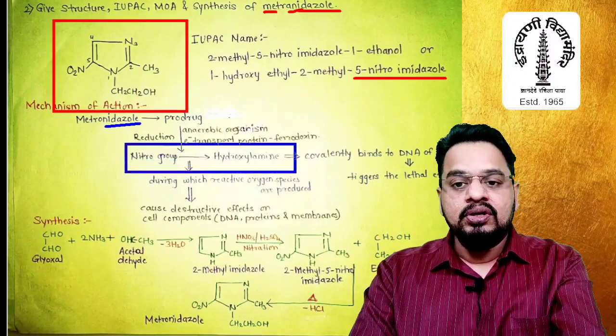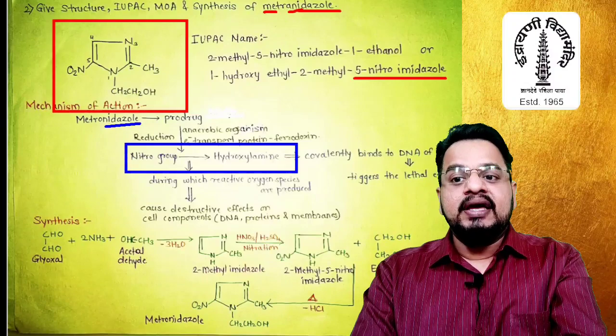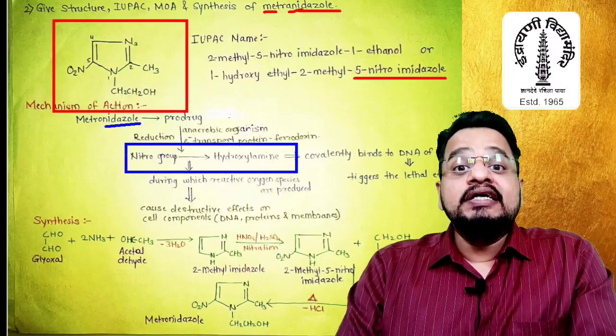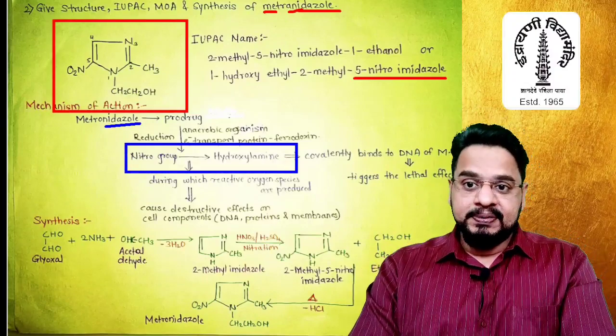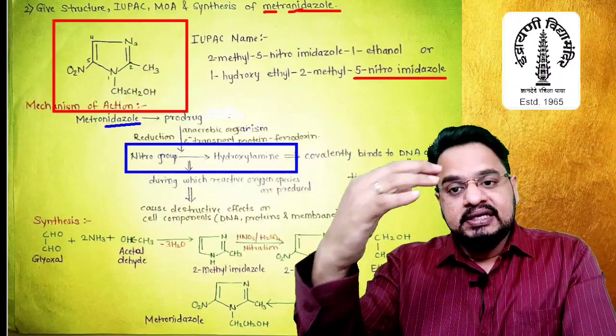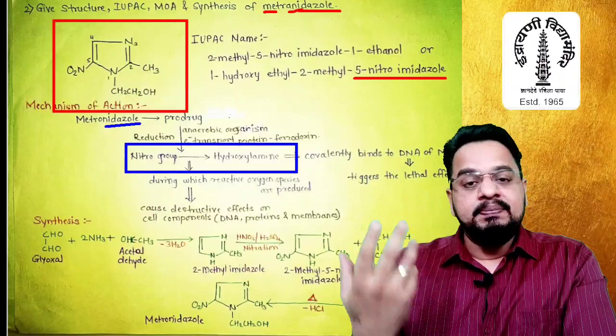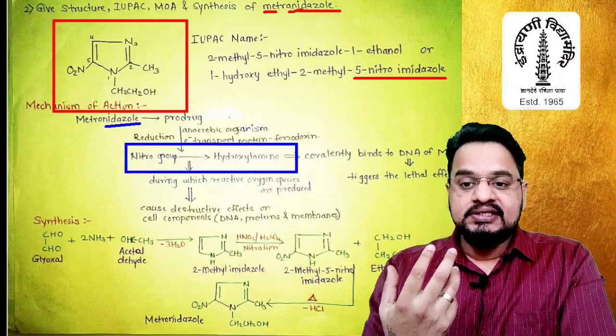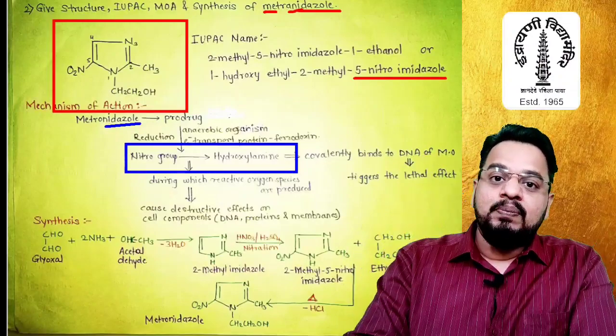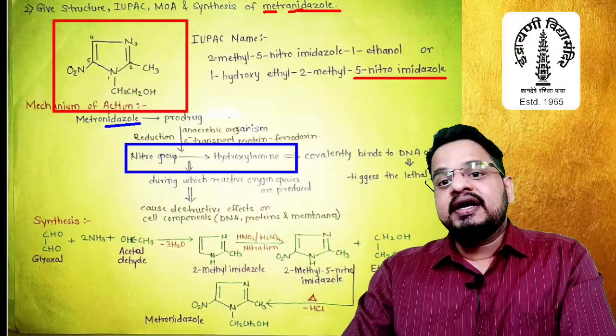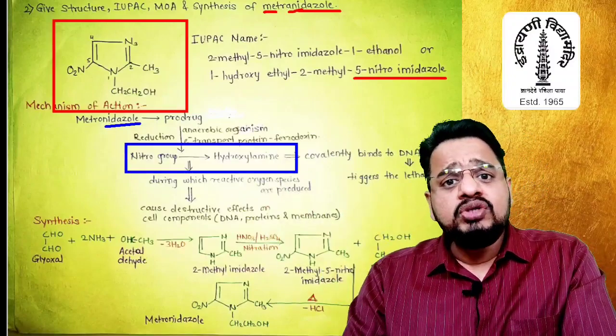That is, the nitro group is converted into the hydroxylamine group. Please understand, this metronidazole will undergo the reduction reaction by the simple electron transport chain. Understand? And because of this, the nitro group will be converted into the hydroxylamine group.